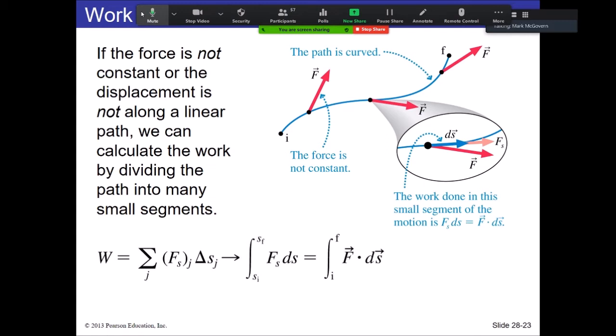This is our formal definition of work, the path integral of force dotted with a small segment of line. And we'd have to evaluate this integral if we have anything that is variable. The reason why we didn't worry about that before is because the value for F was qE, which was constant, and comes out of the integral.